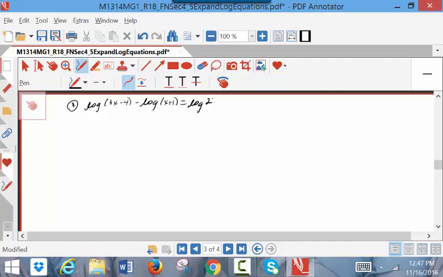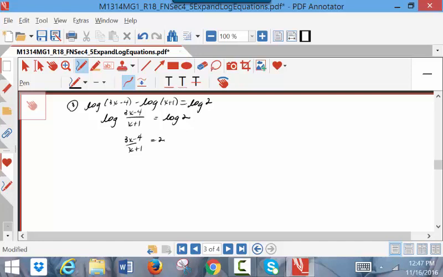Okay, so now I want one logarithm equal to one logarithm. Well, the left side, remember, with your properties, you can collect this together so that it says log of the fraction 3x minus 4 over x plus 1 equaling log of 2. So you need to make it so you have one logarithm equal to one logarithm. Now we're in the same position we were in examples 1 and 2, so I can set the two arguments equal to each other.